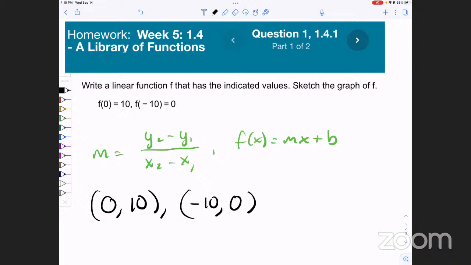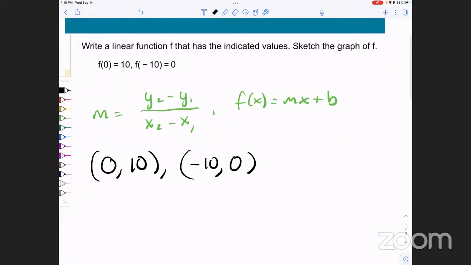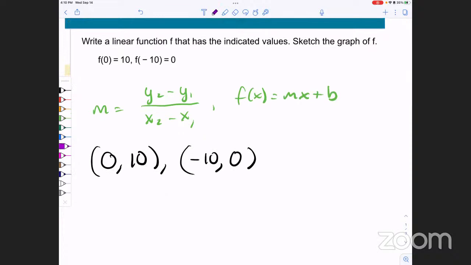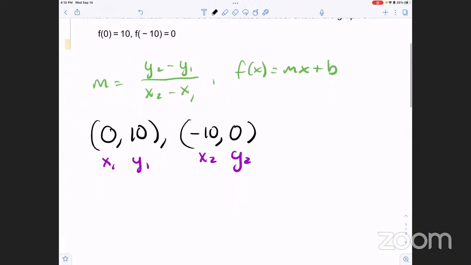So when I have an ordered pair like this, I like to label it x1, y1, x2, y2. So then the slope between these points is 0 minus 10 over negative 10 minus 0, which is negative 10 over negative 10, which is 1.